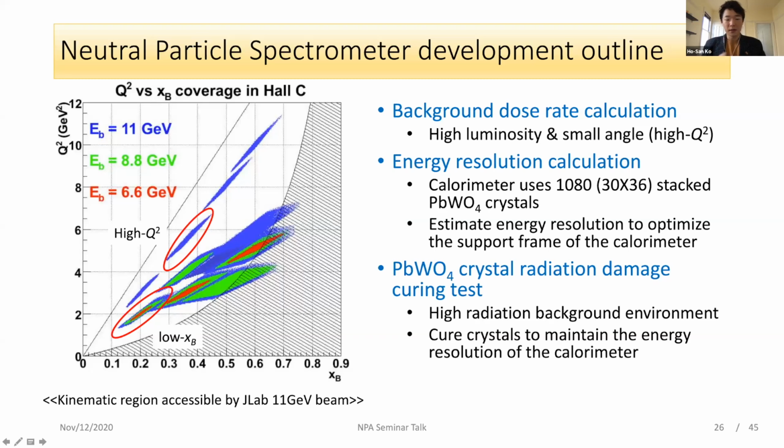And for this experiment, with the neutral particle spectrometer, I will show you the background dose rate calculation, the energy resolution calculation of this neutral particle spectrometer, and the radiation damage test of this detector.